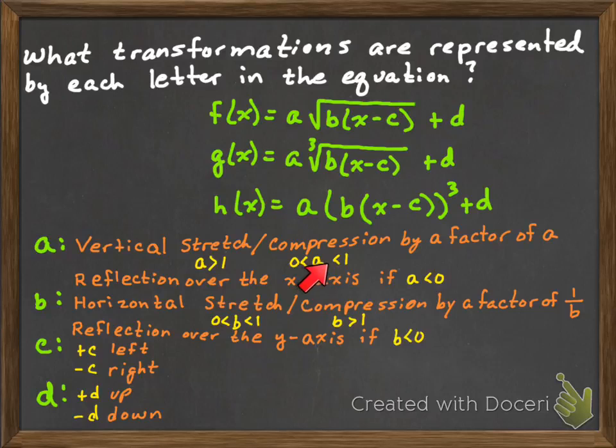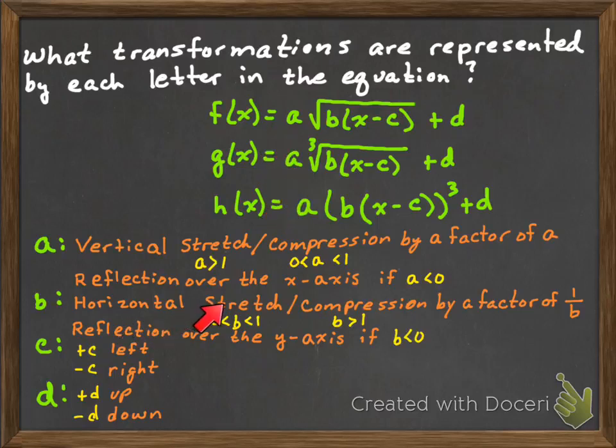If A is between 0 and 1, it will be a vertical compression. And if A is a negative number, which means A is less than 0, then you will have a reflection over the x-axis as well. So the A value can do two different transformations for these.